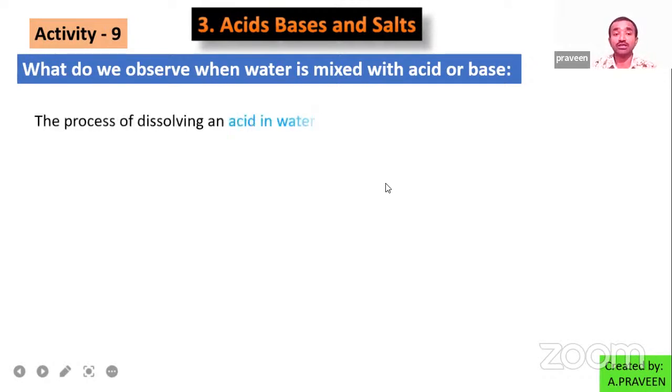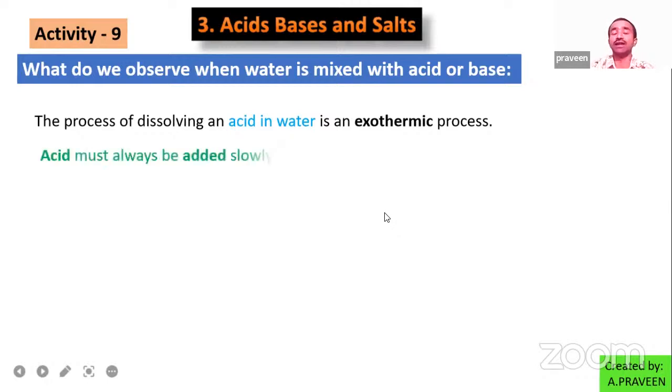The process of dissolving an acid or a base into water is an exothermic process. Exothermic means liberation of heat energy, releasing energy in the form of heat.